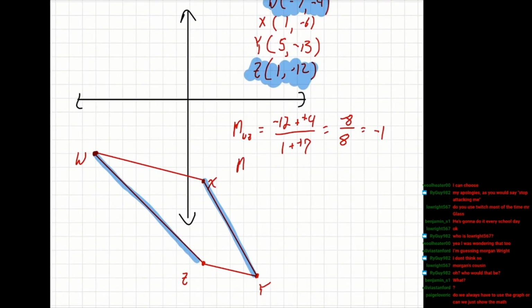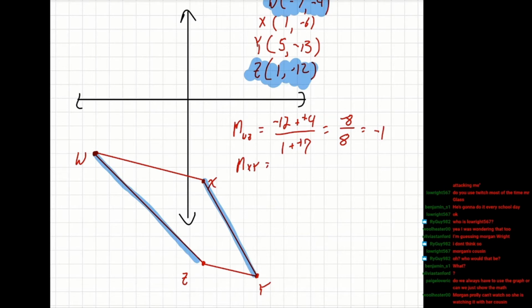Now we have to check the slope of XY. And unlike yesterday, we are not predicting the same slope. If it was the same slope, then it'd be parallel. We're trying to disprove it's a parallelogram. You don't always have to show the graph. I think I mentioned yesterday that the Regents will word it as the use of the graph is optional.